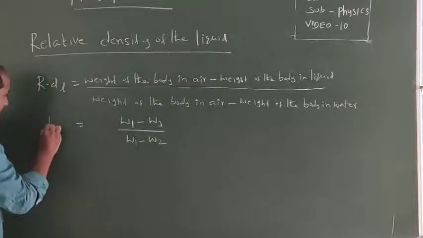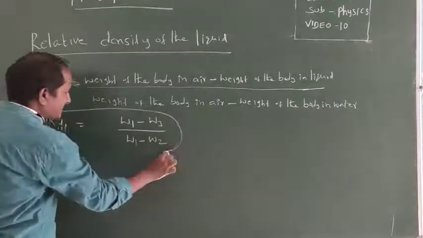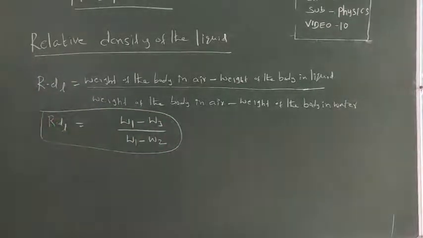It is the relative density of the liquid. We can write density of the body by density of the liquid equal to W1 by W1 minus W3.